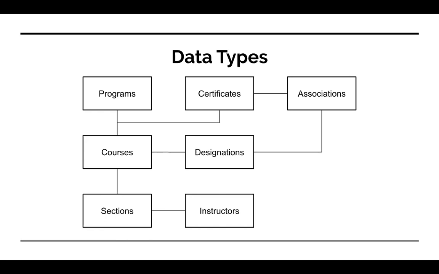Within each course, there will be a variety of sections that will be taught by different instructors. And then programs are sometimes associated with different associations who may award certificates or designations for successful completion of either programs or courses. So hopefully, as we start to throw around some of this terminology, this little diagram will give you a better sense of how those pieces fit together.